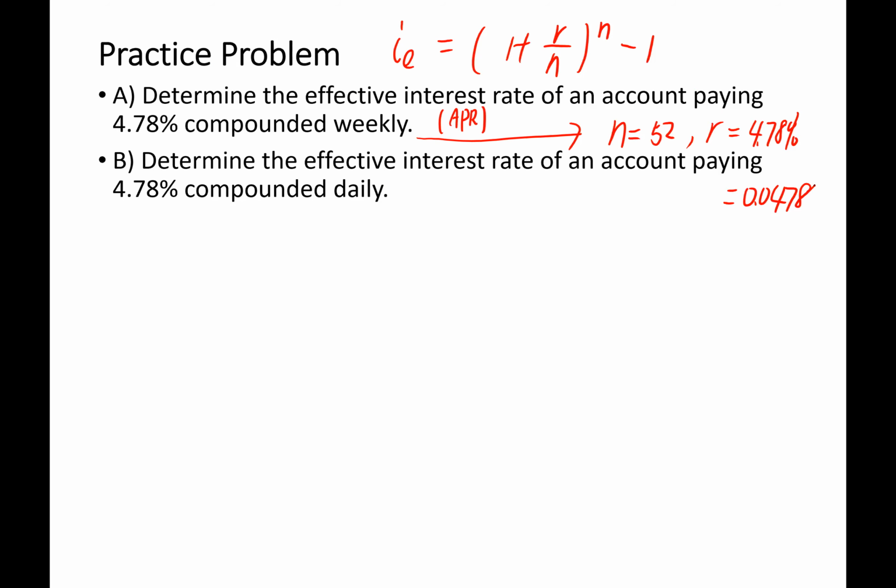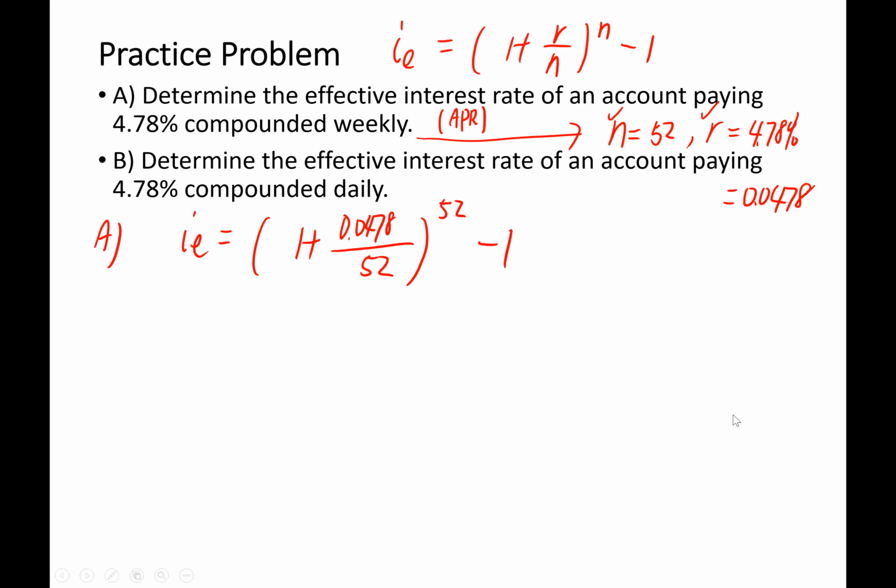From here, we know both the number of compounding periods and the rate, so we're good to go. All right, so for part A, the effective interest rate equals 1 plus 0.0478 divided by 52, raised to the 52nd power, minus 1.